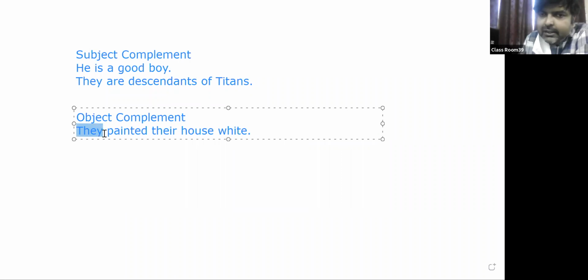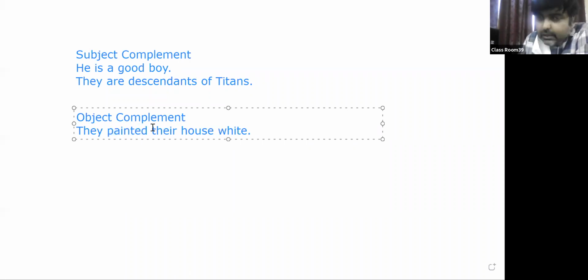Now the verb in this sentence is not a linking verb. It is an action verb. So they painted. Subject is they, predicator is painted.